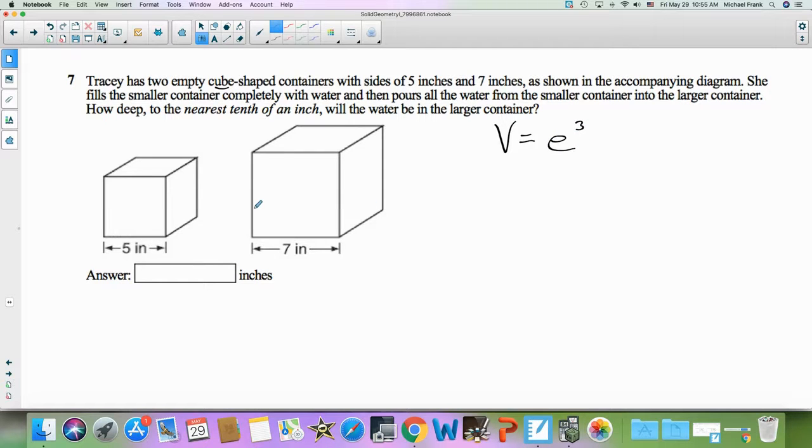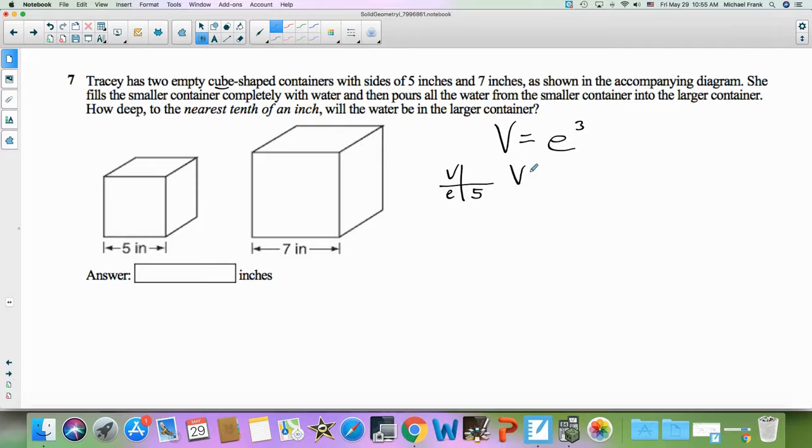And they tell us that she fills the smaller one completely. So why not find out exactly how much water we're dealing with in the smaller one? And we could see that the edge is 5 inches.